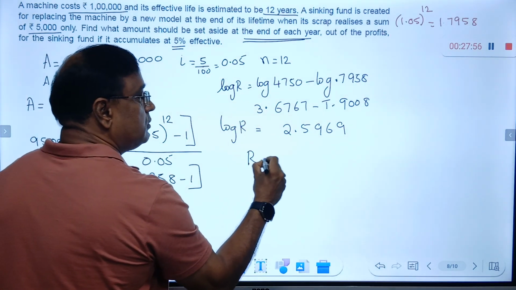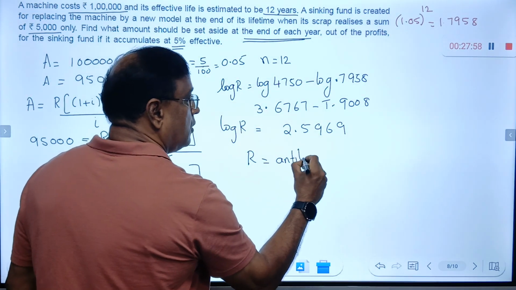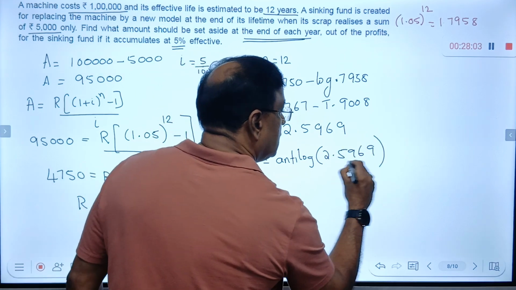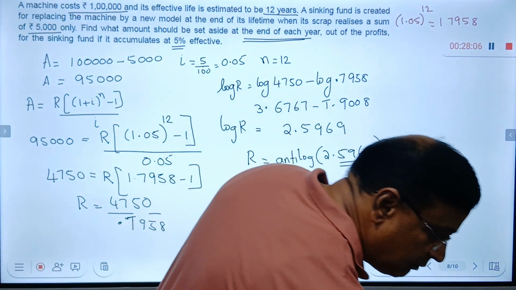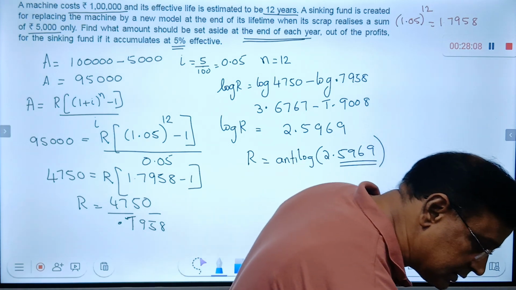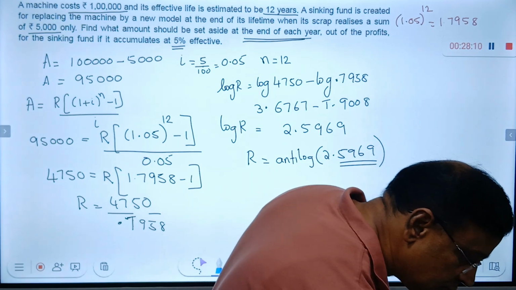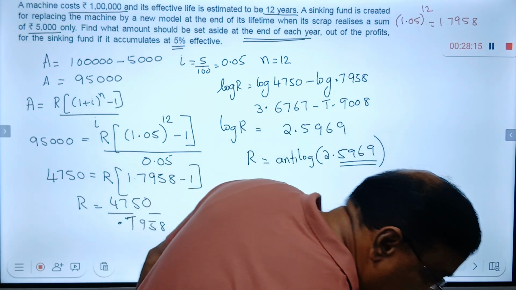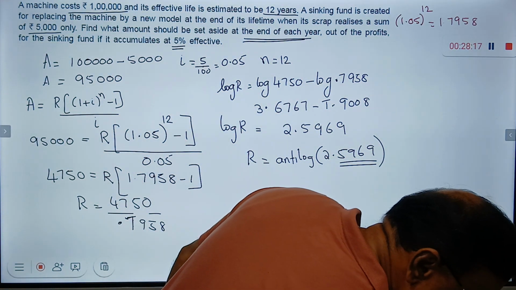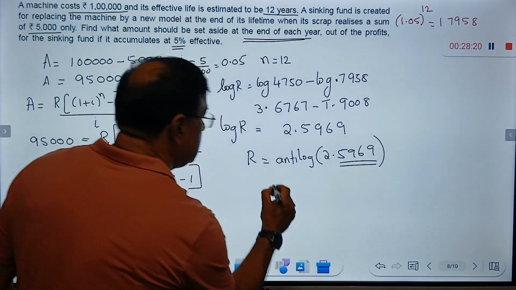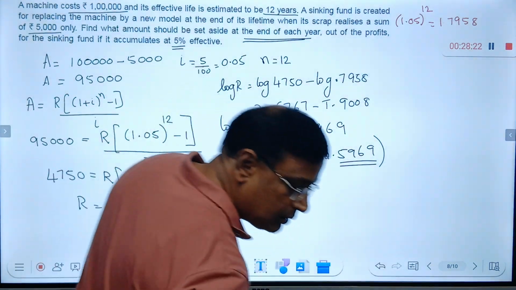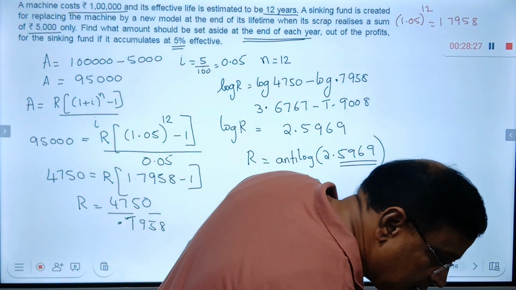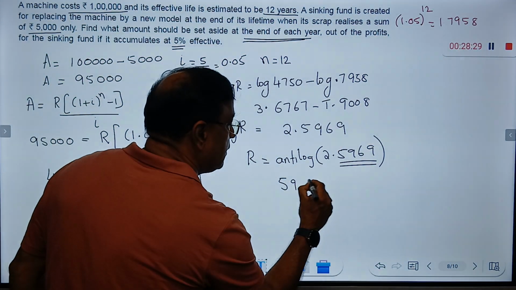So what is R equal to? Anti-log of 2.5969. So look at anti-log of 5969. When you look at anti-log of 5969, what do I get? I think you get something like 5971.